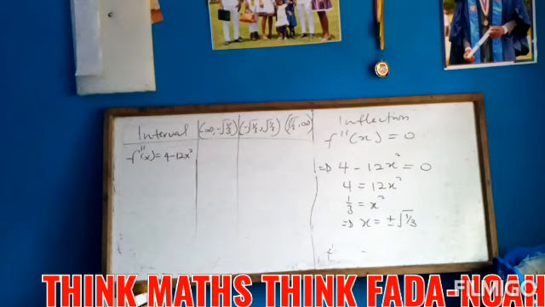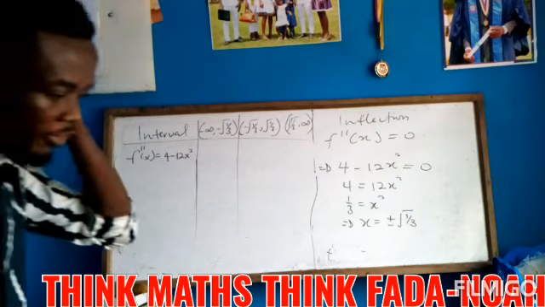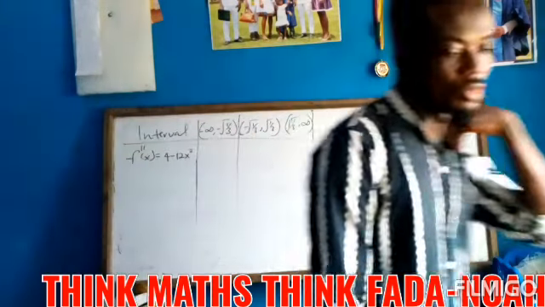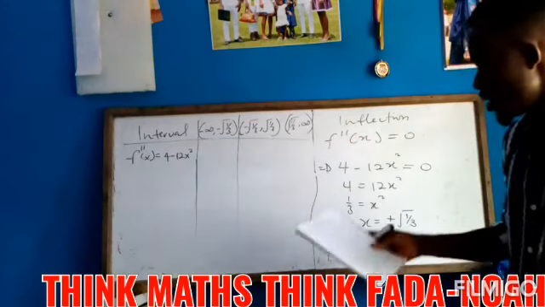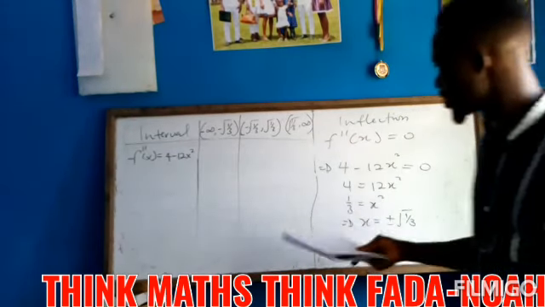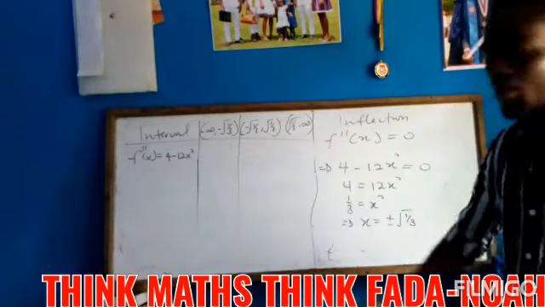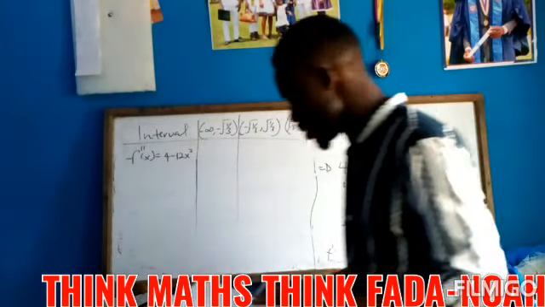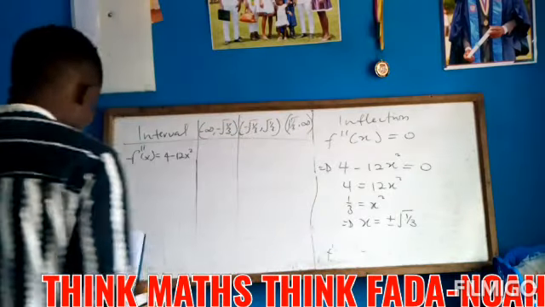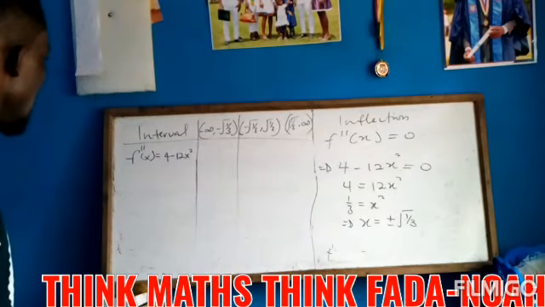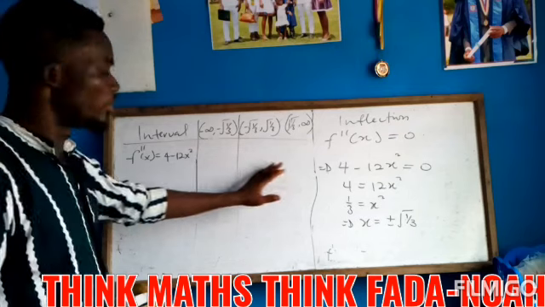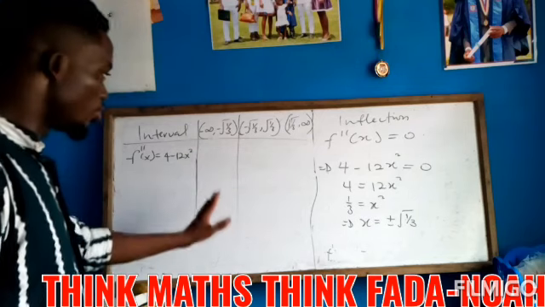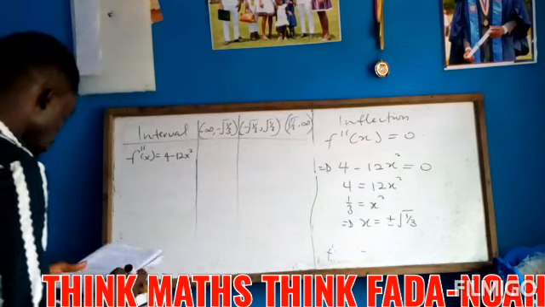So this is what we have for the point of inflection, and most times we include the critical values in determining the concavity. I think this one too will give us the same results. So let's just use this one and we'll be fine.